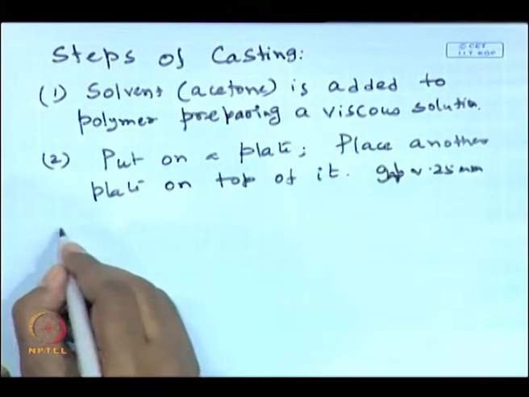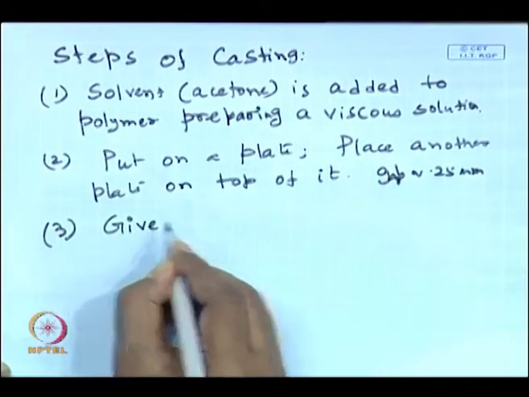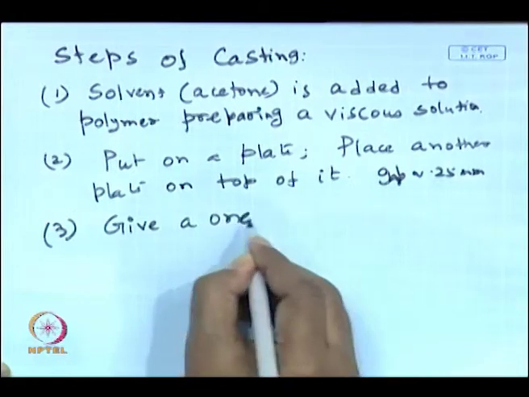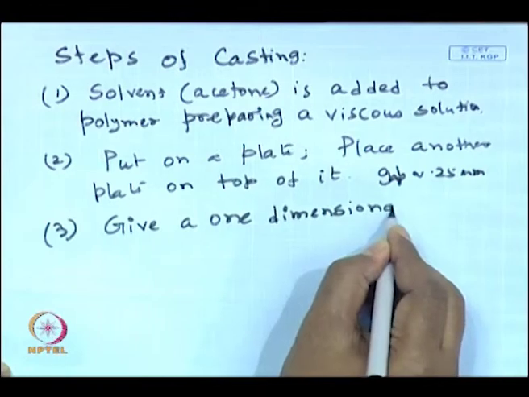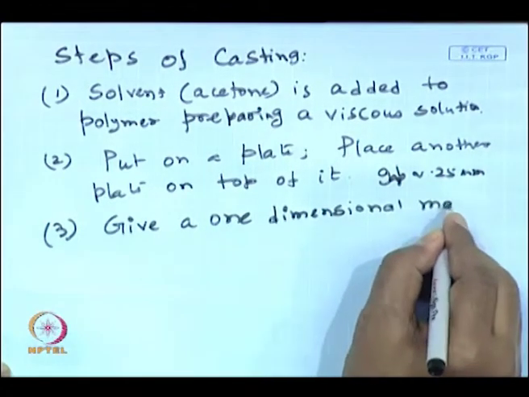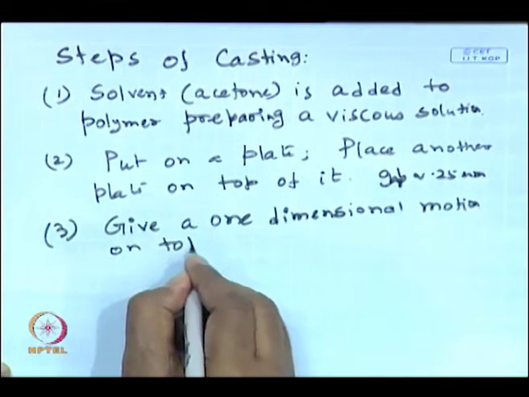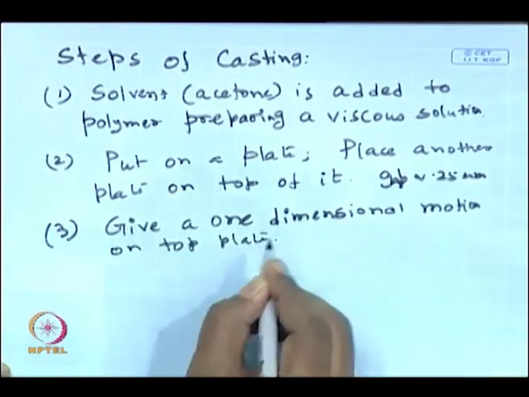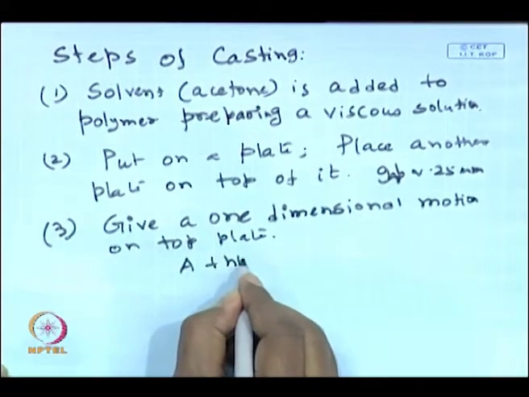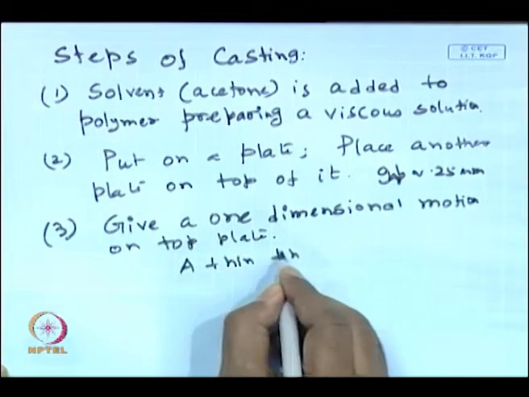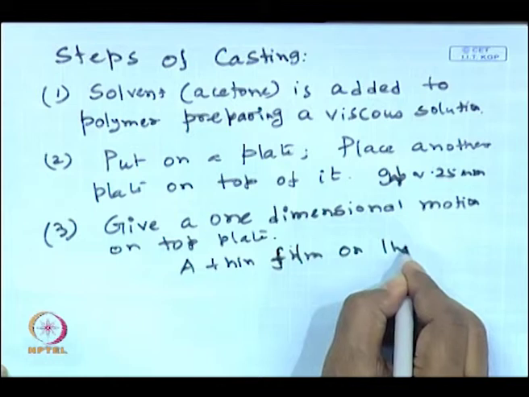Then the third step is to give a one dimensional motion to the top plate. What it results in is a thin film on the bottom plate.